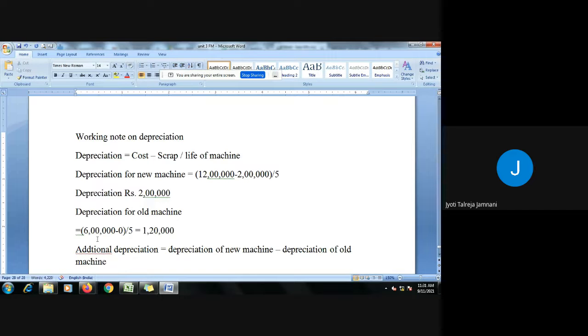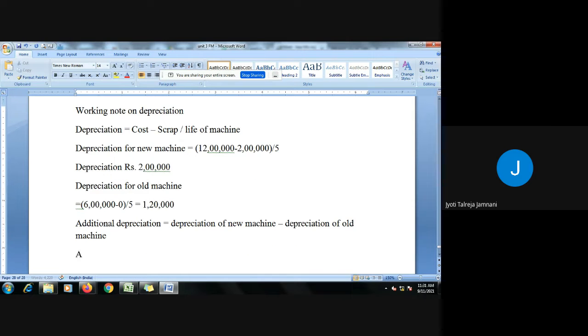Depreciation of new machine was 2 lakh, depreciation of old machine is 1,20,000. So 2 lakh minus 1,20,000, the additional depreciation will be 80,000. This is how we calculated the depreciation.